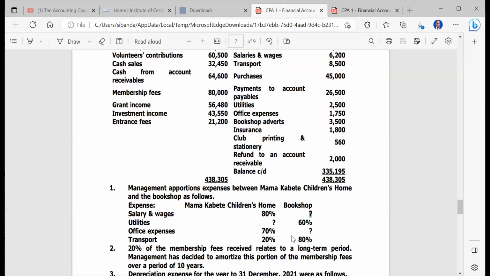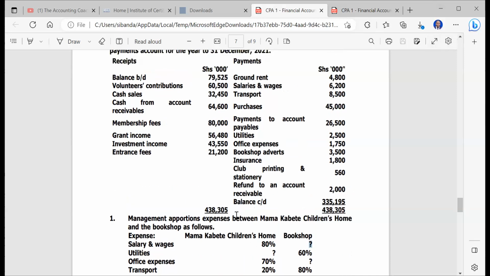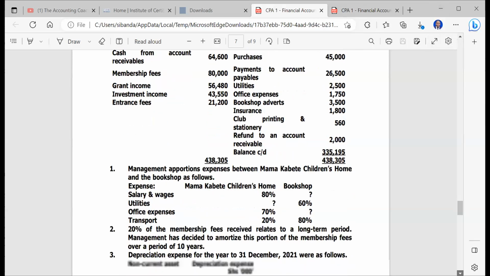So it's very important for you to know. So this is 20%. So the bookshop has 20%. That is it. So if I'm just computing, you can be able to compute 80% times the 6,200, okay? And then 20% times the 6,200 to determine the values.